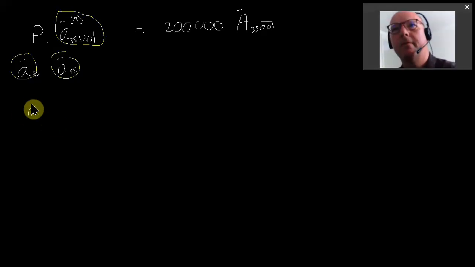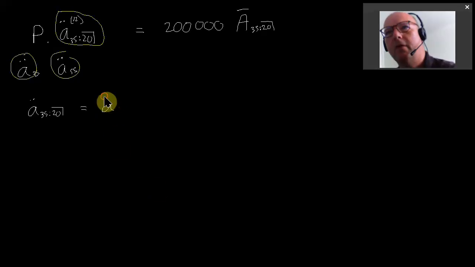So ä35:20, let's ignore the 12 for the time being, is, and you remember how to do this, you take the whole of life annuity from age 35 and take off the whole of life from 55.